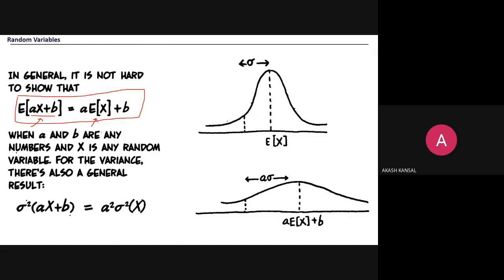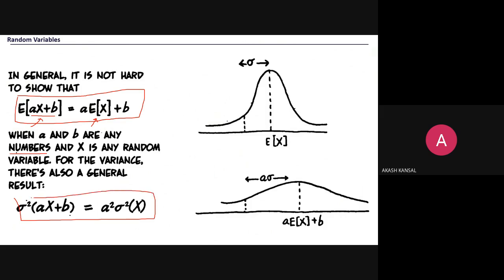You can just take E inside. It will be the expectation of aX, and since a is constant, you can take a outside, and then the expectation of b will be b only because it's a fixed value, basically a number.